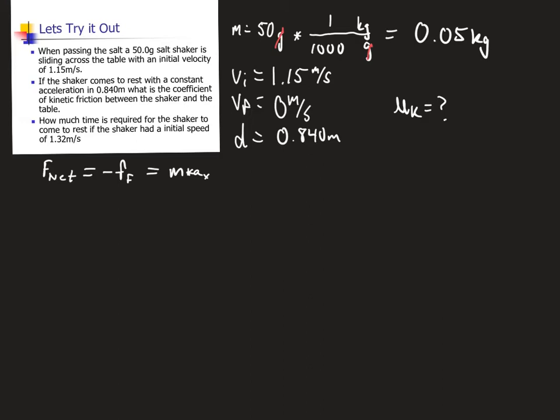And you could also say, redistribute this negative over to rewrite the equation as saying the frictional force is equal to a negative mass times acceleration in the x direction. But we don't have an acceleration yet, and that's where we're really stuck.